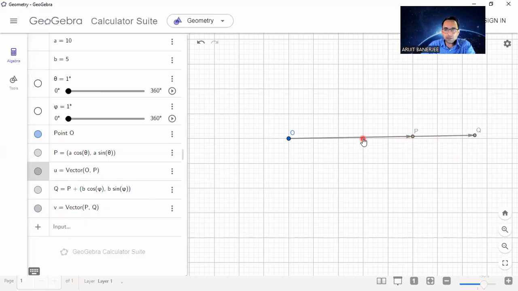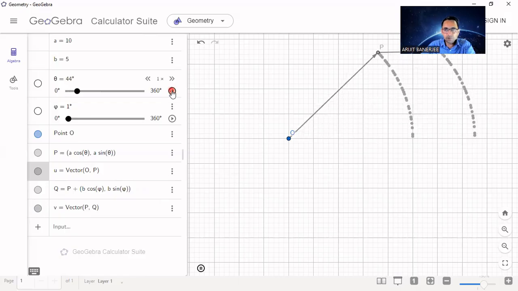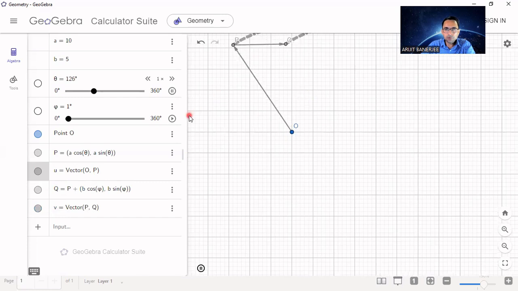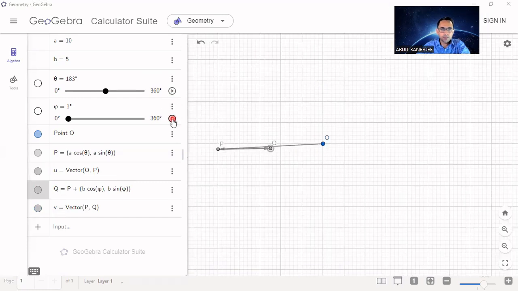Now we can set different values. You can see now if I rotate, then you can see the rotation. If I animate, then you can see the animations.